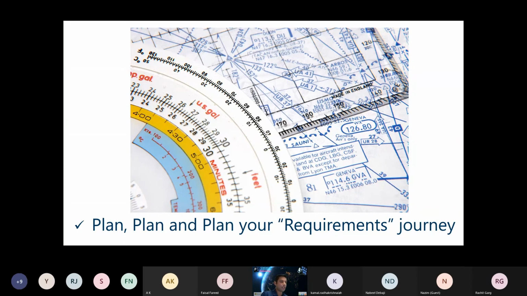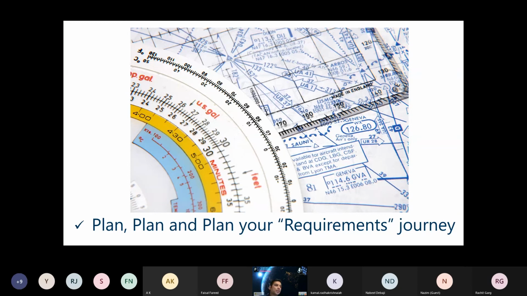You need to plan the participants. Who do you need for the workshops? It's absolutely critical to have the right set of people in the room when you're doing the requirements gathering. If you have the wrong set of people, believe me, you're setting yourself up for failure, because you will have important stakeholders not participating in one of the most critical phases of this transformation.